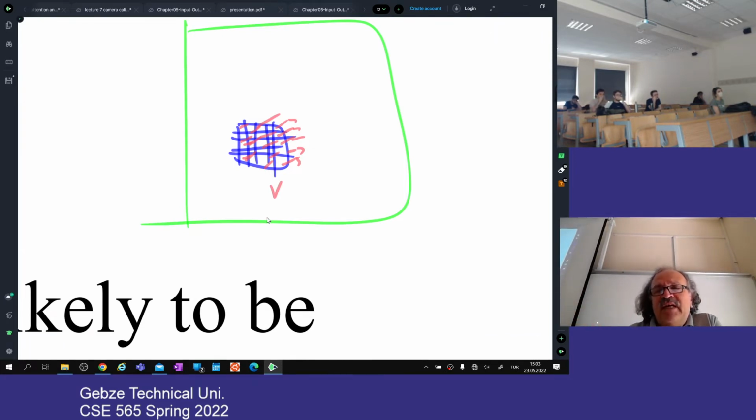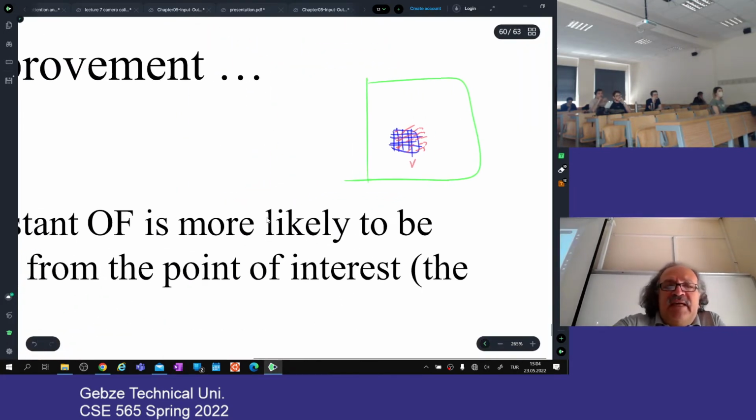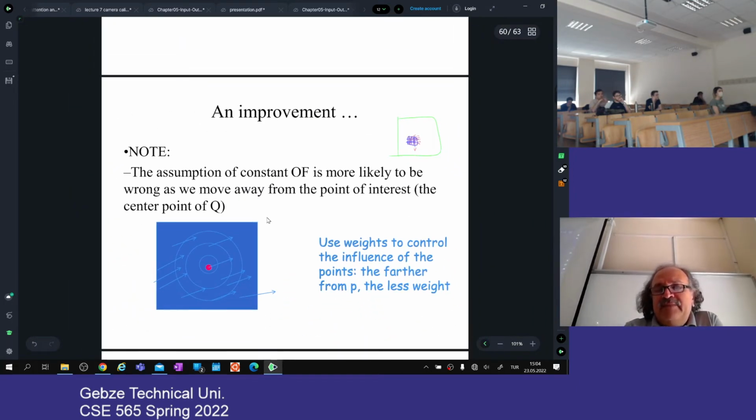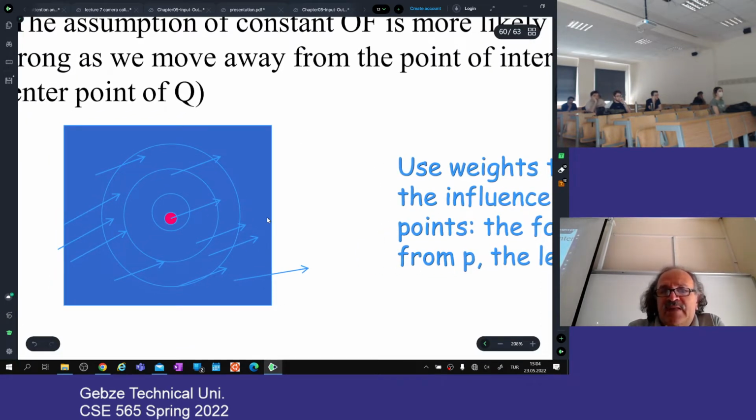Well, this is not a very realistic assumption, because especially if you think about rotation, rotate this patch around the center. In the center, my velocity will be 0, but when I get away from the center, my velocity will change. It will be different, and the magnitude will change. So this is not a very good assumption. So some people said that, okay, when we are estimating the optic flow vectors for a patch, let's do this.